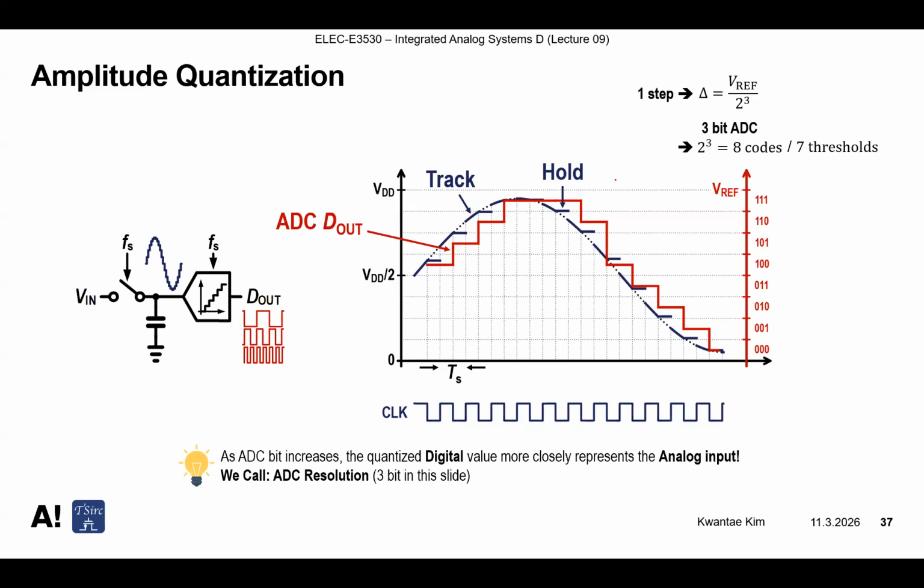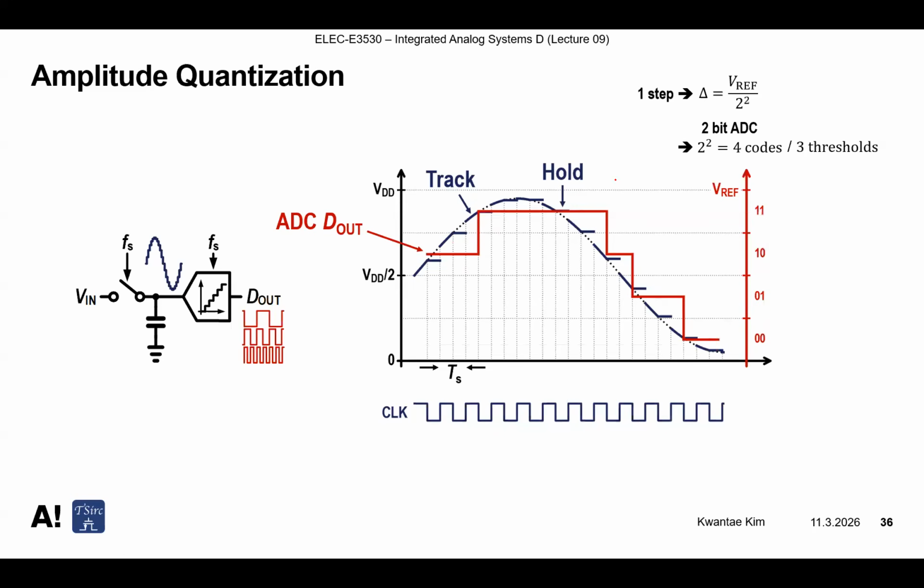As the ADC bit count increases, the quantized digital value more precisely represents the analog input. This red curve becomes closer to the input analog signal, the navy or blue one, compared to the 2-bit case. This is the 3-bit case, and that is the 2-bit case.